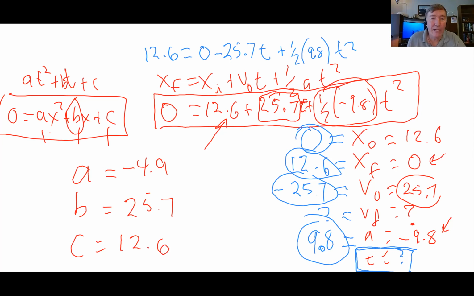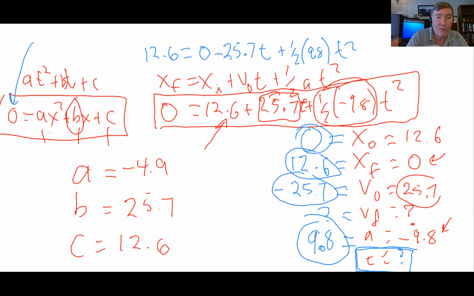So I want now to use the quadratic formula, but what do I have to do before I can use it? I've got to get it in the form of 0 equals that thing. So that 12.6 there is going to cause me problems. I can't use the quadratic formula until I get rid of that guy.